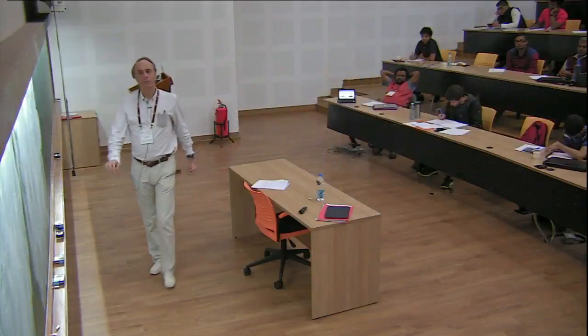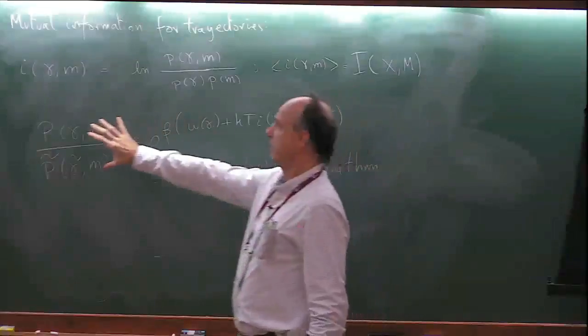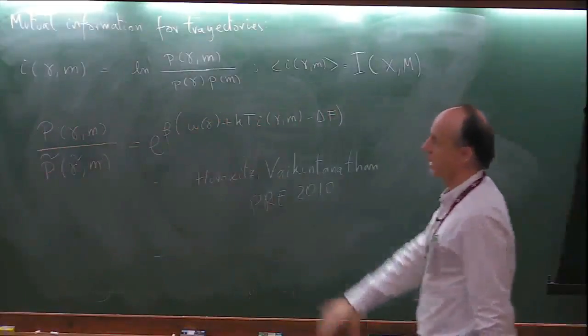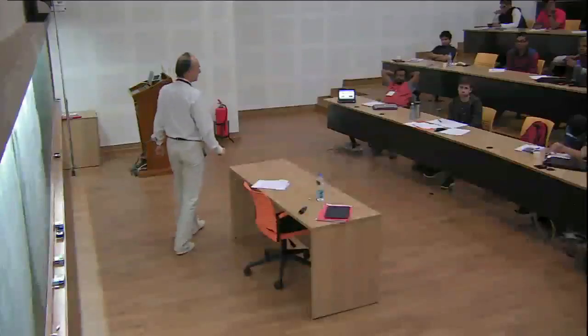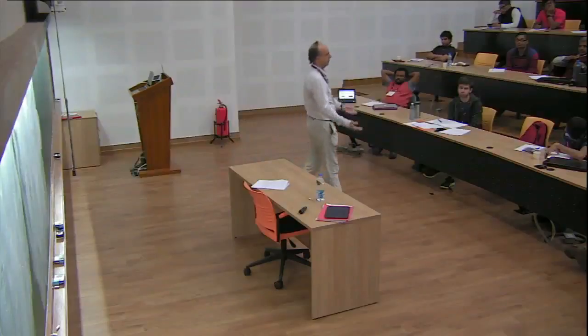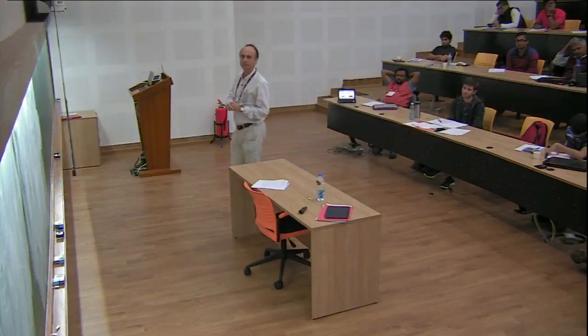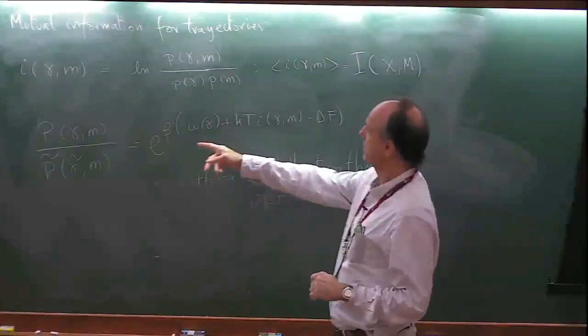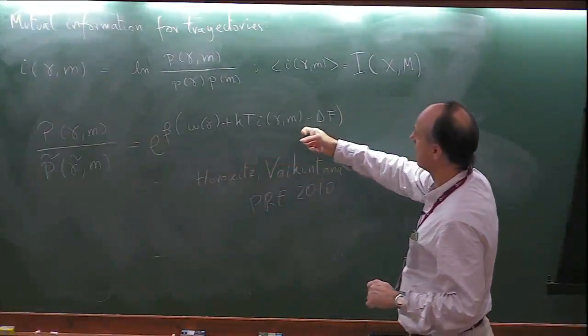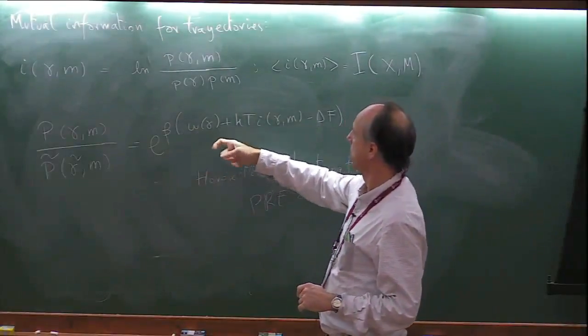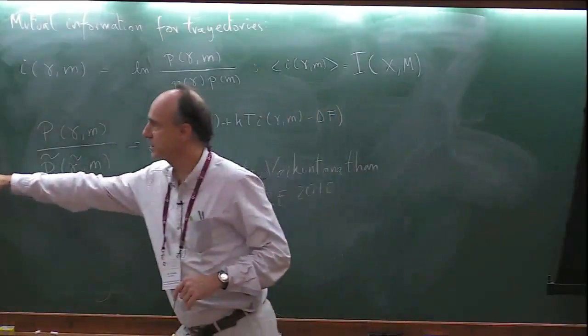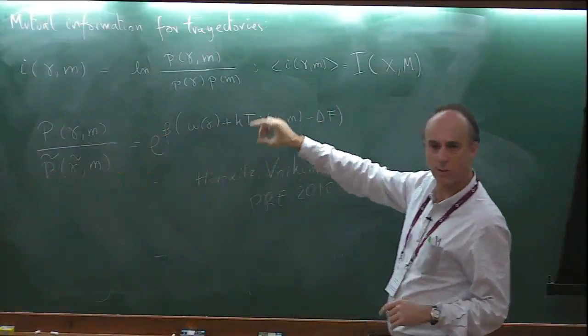But this was important. It had a nice application, which is the one that I want to tell you now: how to answer the second question, how to find the optimal Maxwell demons once you have some measurement. And this theorem tells you, well, you can get a kind of Jarzynski equality and also the second law using this.